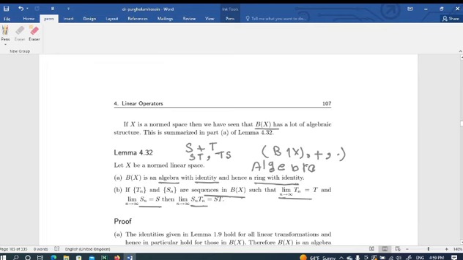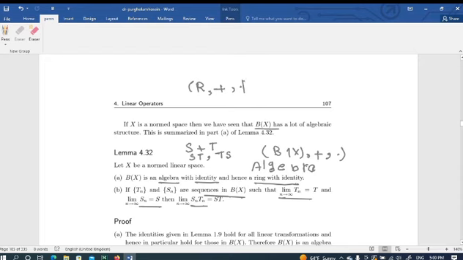We have this lemma: let X be a normed linear space. B(X) is an algebra with identity, and hence this is a ring with identity. An algebra is also a ring. A ring means a set R with two operations, plus and dot.